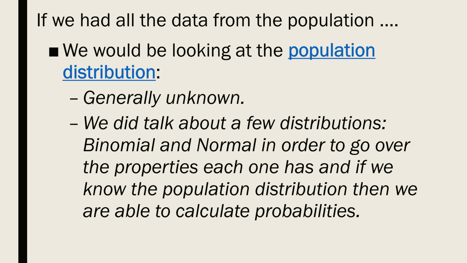We will be looking at the population distribution, which is generally unknown. We did talk about a few distributions, such as binomial and normal distribution, in order to go over the properties each one has. If we know the population distribution, then we are able to calculate probabilities.